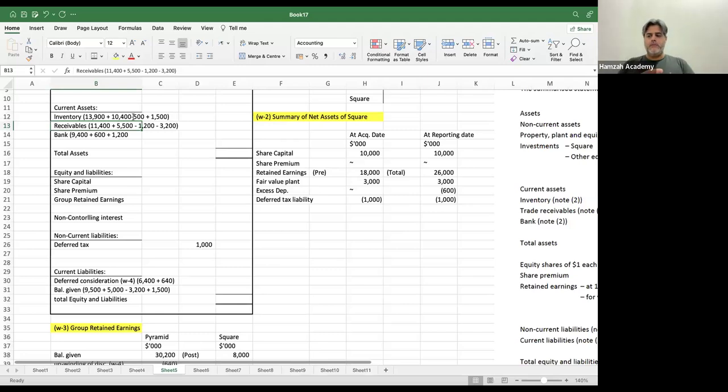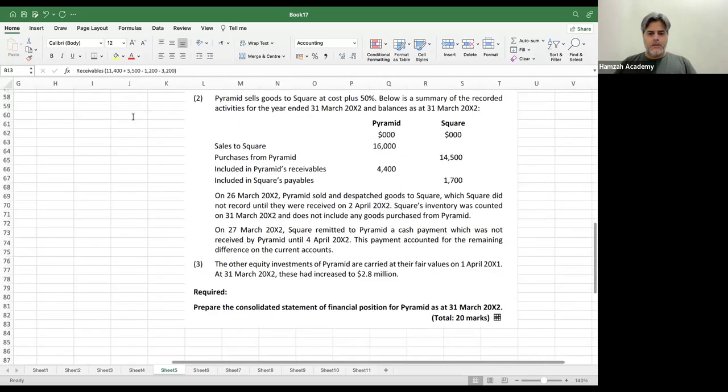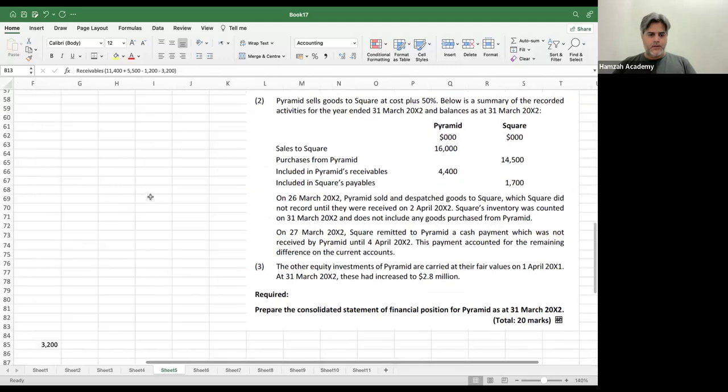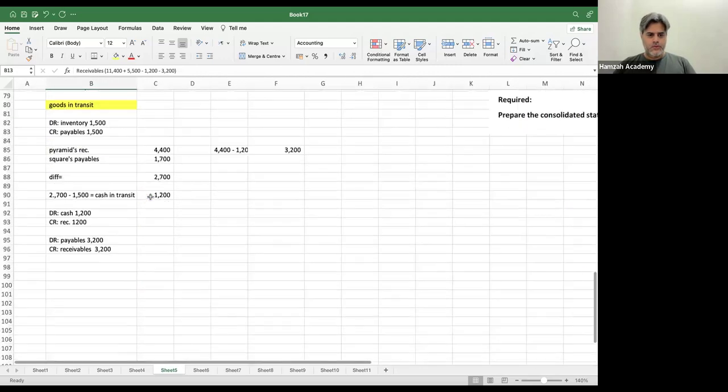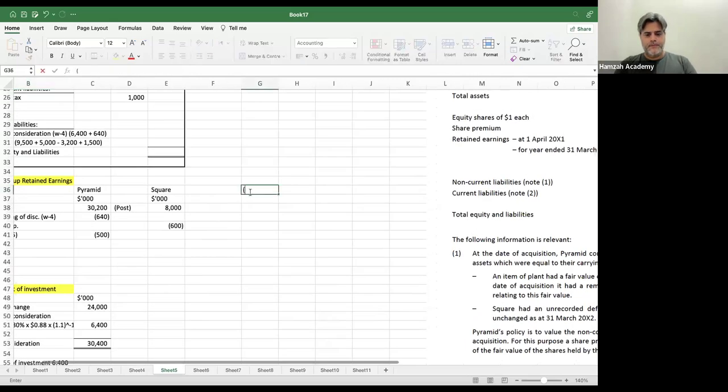Now, moving ahead from here, the other equity investments of Paramount are carried at their fair values. At 31st March, these had increased to 2.8 million over here. So let's have this working over here. Equity investment.